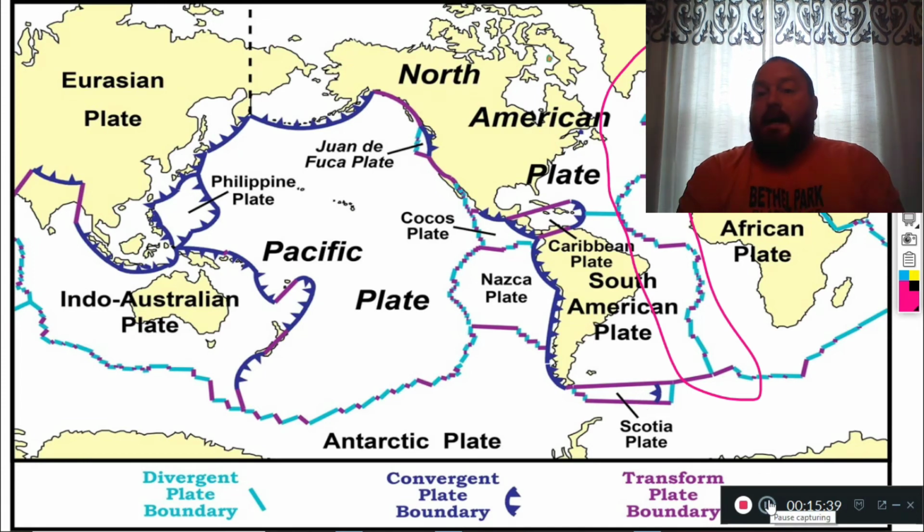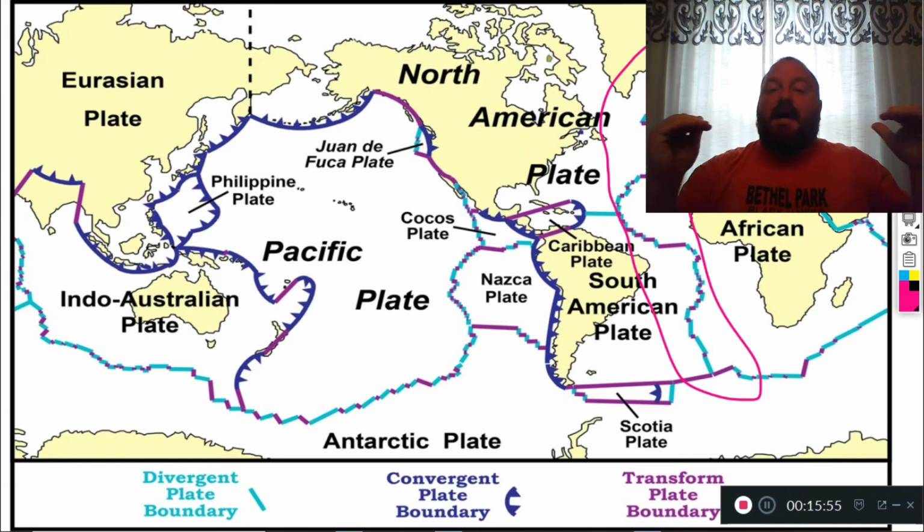All right, hopefully you described it as being an underwater mountain range that's formed in the Atlantic Ocean. The explanation of why it formed: that underwater mountain range formed as the divergent plate boundary was having those plates slide apart from one another. As they slid apart, the crust became thinner, allowing magma to come up to the surface.